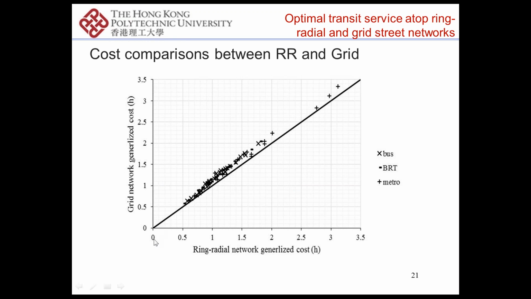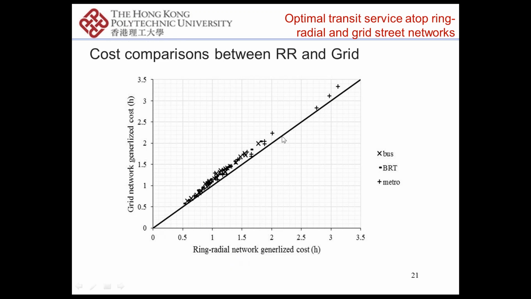So this figure shows the comparison. The horizontal axis shows the optimal generalized cost for the ring-radial network, and the vertical axis shows the optimal generalized cost for the grid network. Note that this line has a slope of 1.